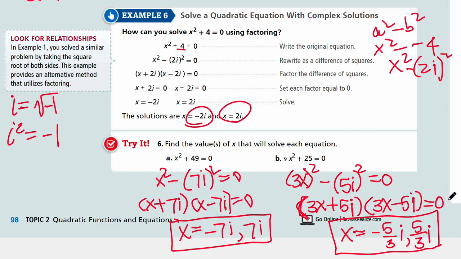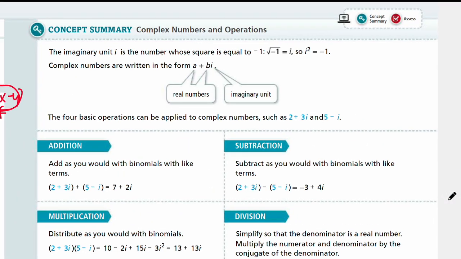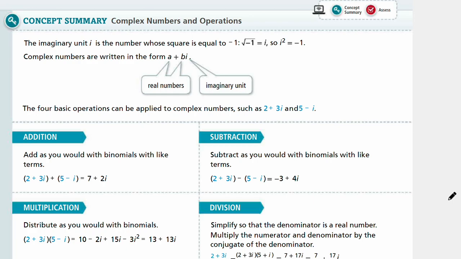Okay, so that was your last example. We're going to summarize our lesson. So in lesson 4, we looked at complex numbers and operations. Remember that the imaginary unit i is equal to the square root of -1, which is impossible in real life. That is why it's called the imaginary unit. It doesn't happen in real life, but we can imagine.